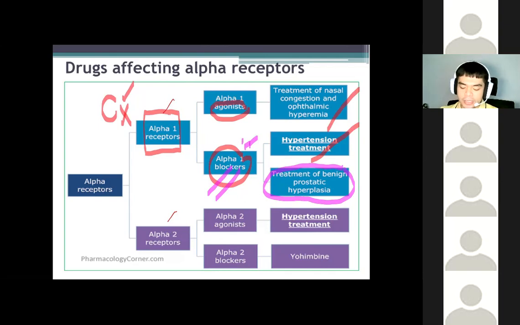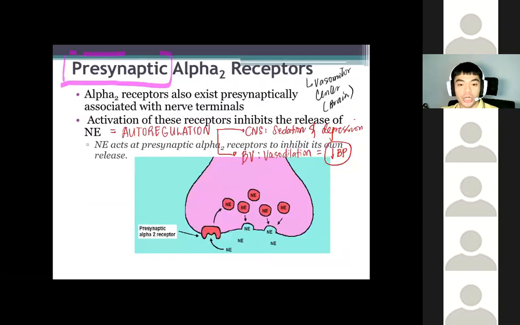Okay? Next, alpha-2 naman. So on alpha-2 receptors, we have alpha-2 agonists and also alpha-2 antagonists or blockers. Regarding alpha-2 agonists, particularly alpha-2 presynaptic agonist, meaning sinusuportahan nila yung diniscuss natin kaninang autoregulation.